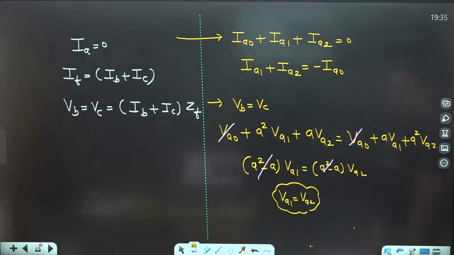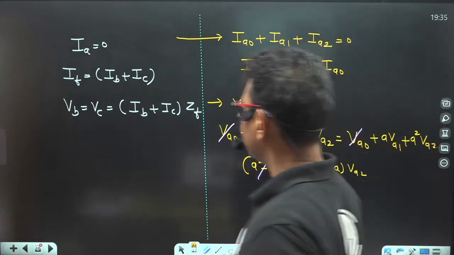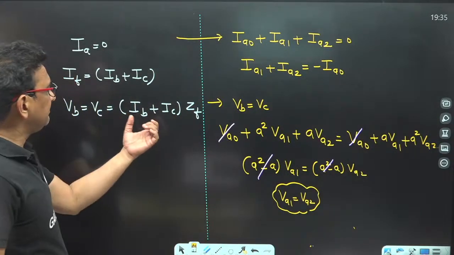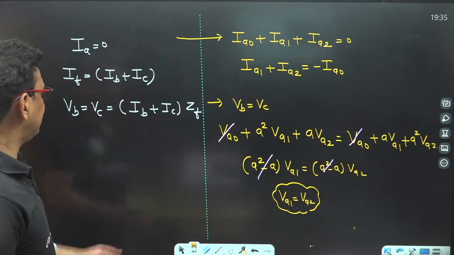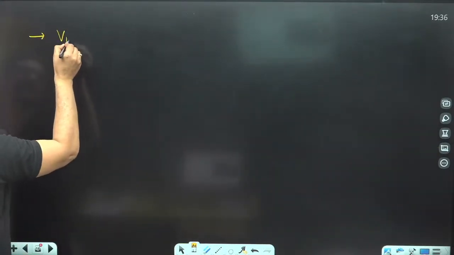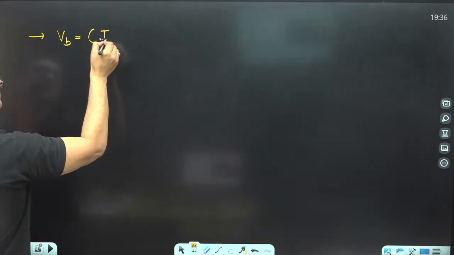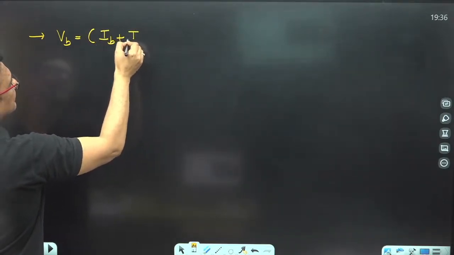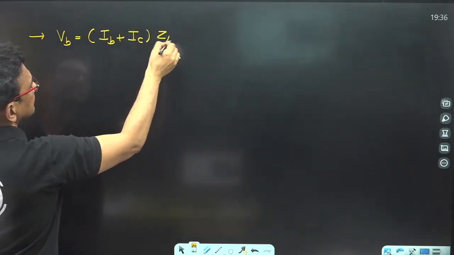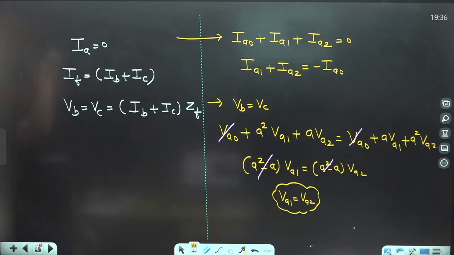Clear? Now, VB is IB plus IC into ZF. This is my third equation. Now what is VB?